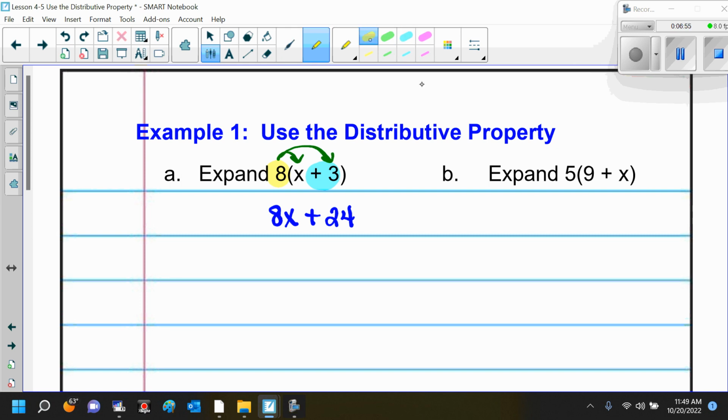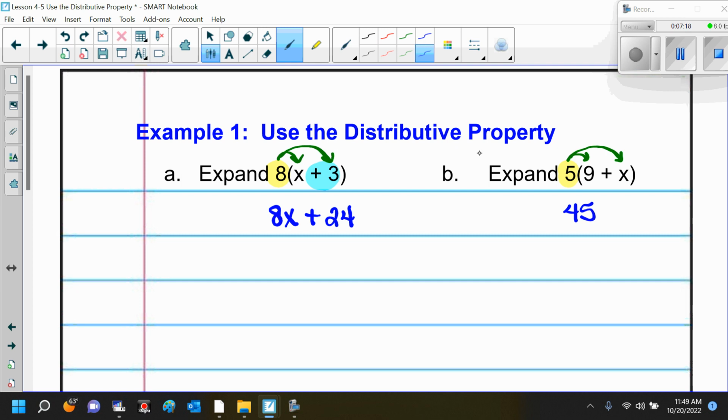So here we're distributing the 5 throughout the parentheses. So the 5 gets multiplied times everything inside the parentheses. Okay? So we have 5 times 9 is 45.